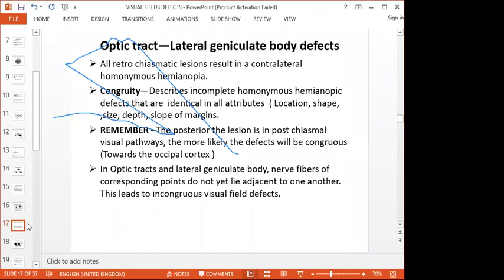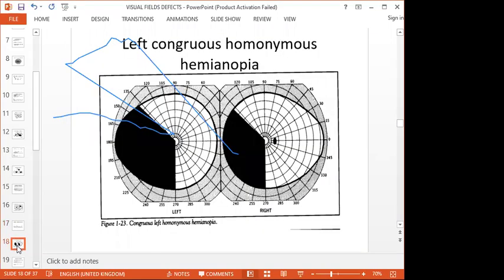If it's here and the field is here, it's ipsilateral, on the same side; contralateral is on the opposite side. Left congruous homonymous hemianopia, both sides, in the left and in the right.